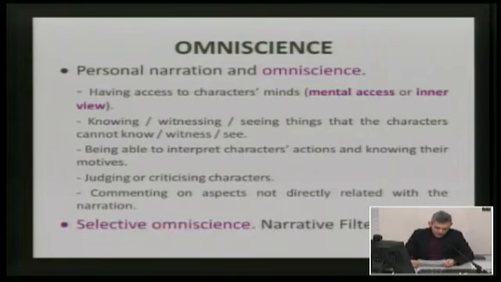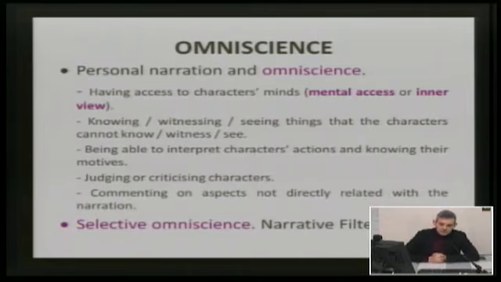Omniscience can be selective, which means that the narrator has access to a character's thoughts, and the story is filtered through the point of view of this character. Selective omniscience can move from one character to another within the same narration. So the character chosen by the narrator is called the filter character.